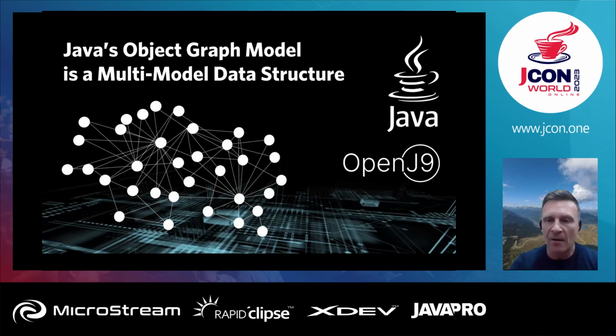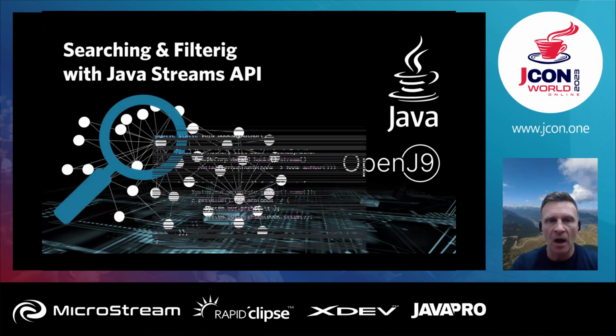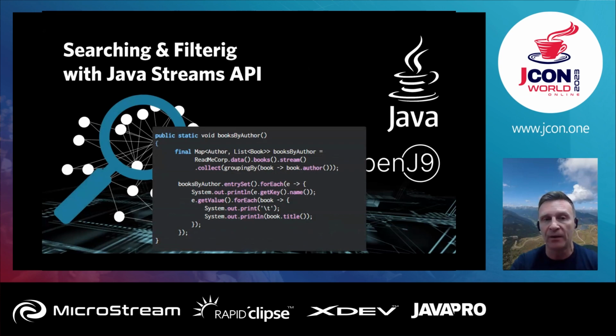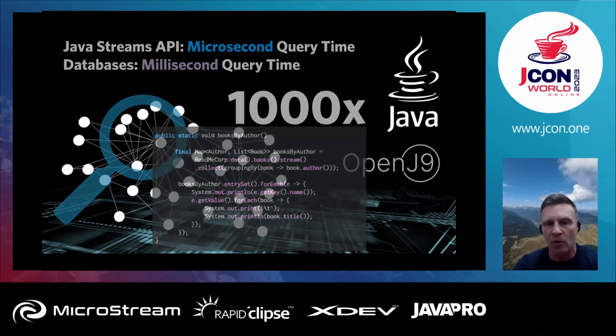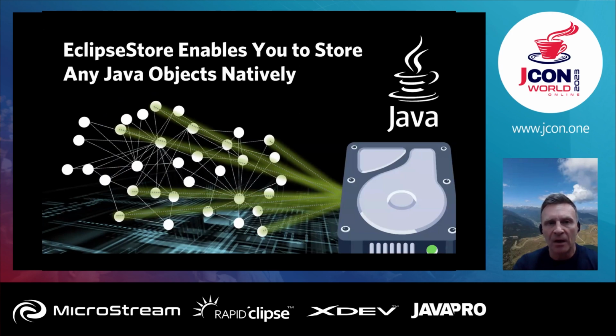And we can search in memory with the Java Streams API. Searching and filtering the streams is very fast. In comparison to a database, it's around 1000x faster. We talk about microsecond query time when we talk about the performance of Java in memory. So this is around 1000x faster than a comparable database query.